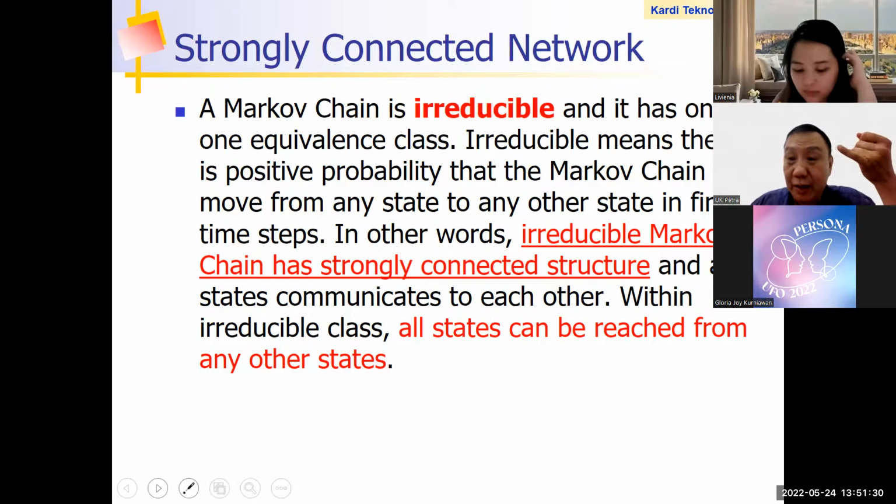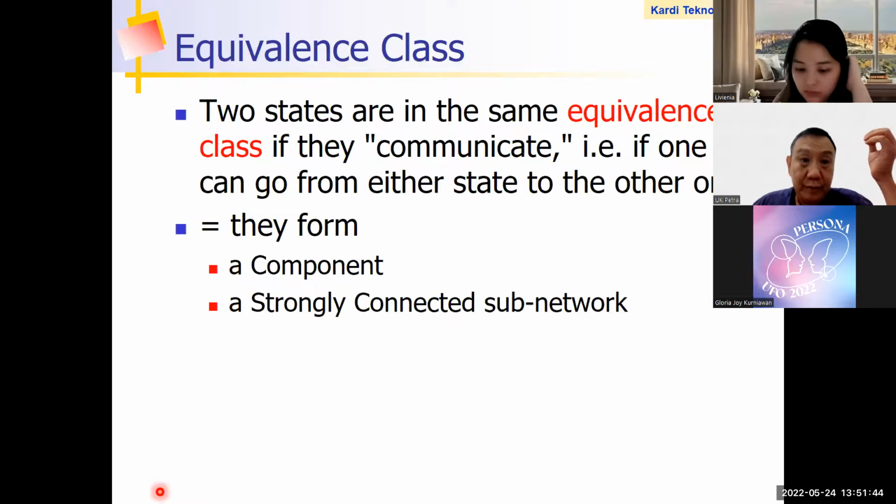Again, irreducible is the same as strongly connected. A component is a strongly connected subnetwork. It's a subnetwork, but strongly connected. It's the same thing as the term equivalent class. Two states are in the same equivalent class if they communicate.